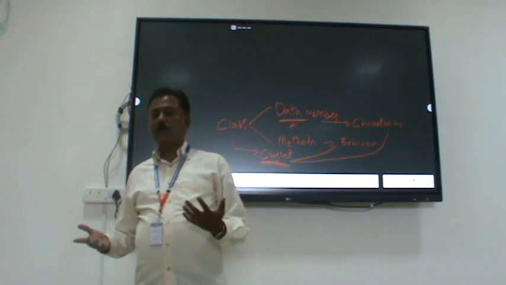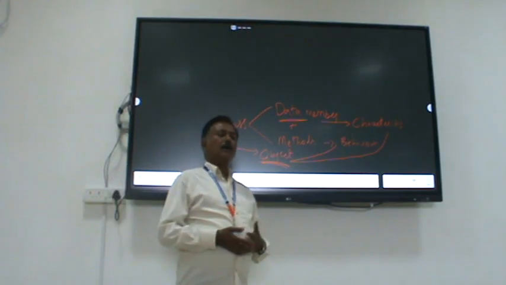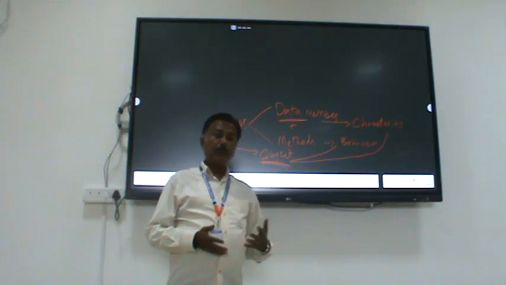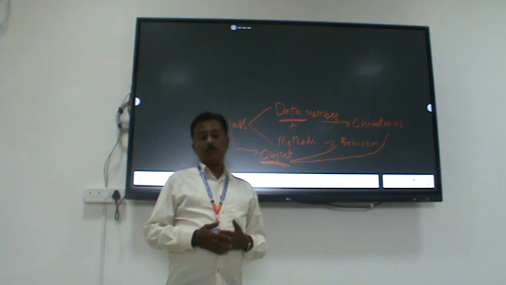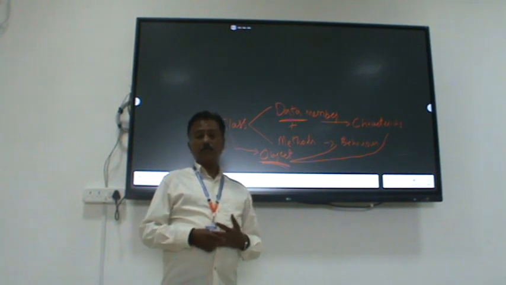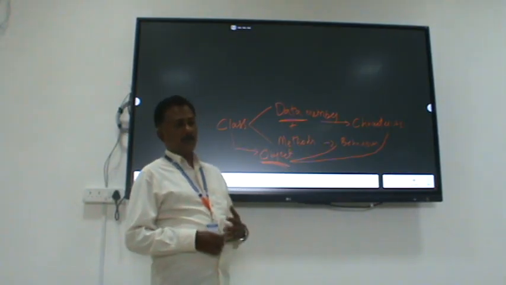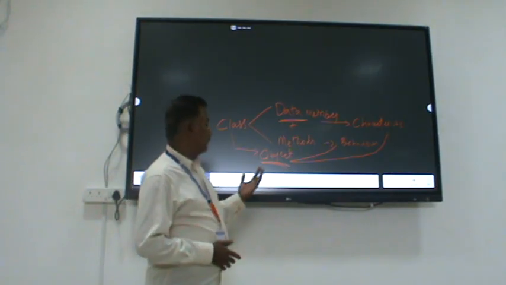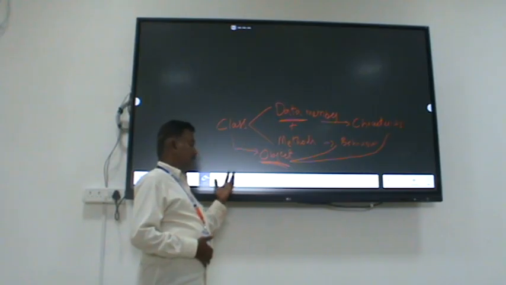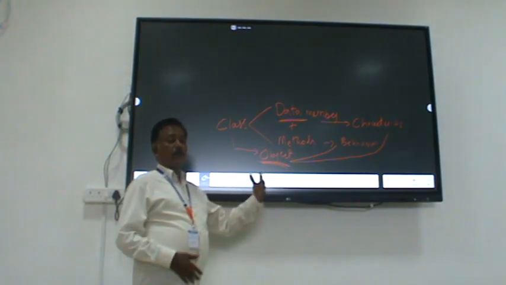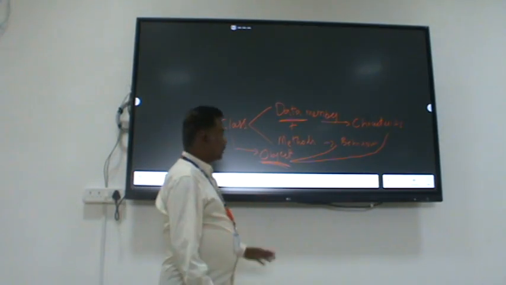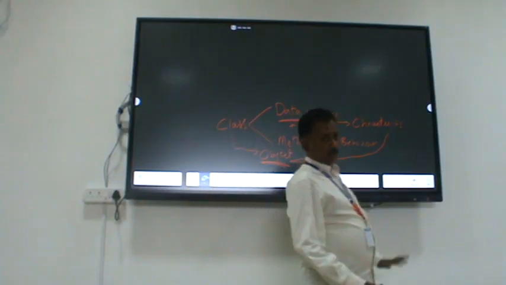Each one has their own unique behavior. That is why it varies from one teacher to another, one student to another. The object's behavior varies from one object to another object. That is what we are going to model. Hope you understood.